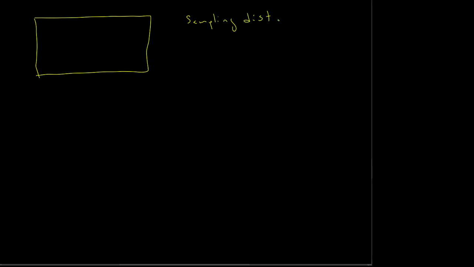And so what I want to imagine is we have some set of experiments we can run. And we are going to run these experiments. And what we're going to talk about is something called a sampling distribution. And it's a probability distribution of samples.